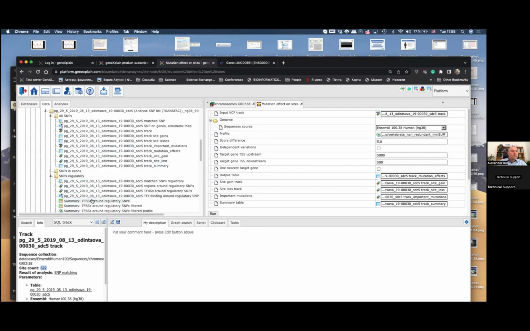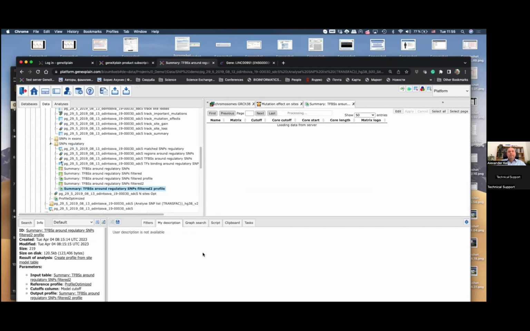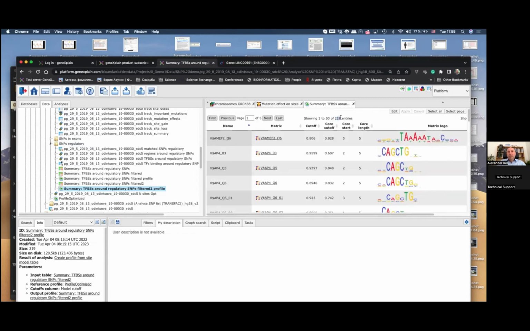Okay, right, this profile. So this profile, if I open it, contains just 219 motifs from position weight matrices with their cutoffs, which are found significant in the regions around SNPs.